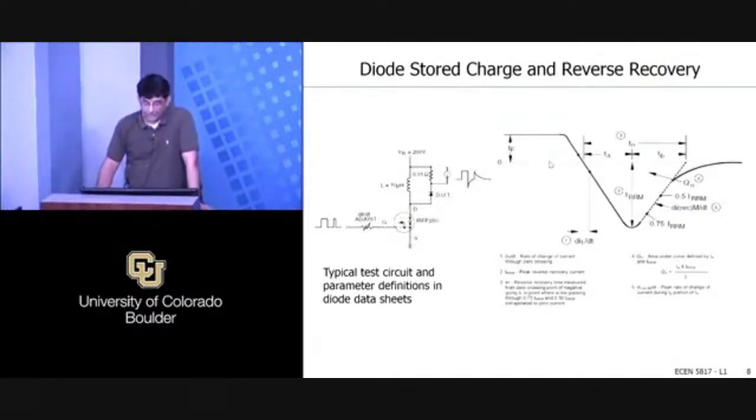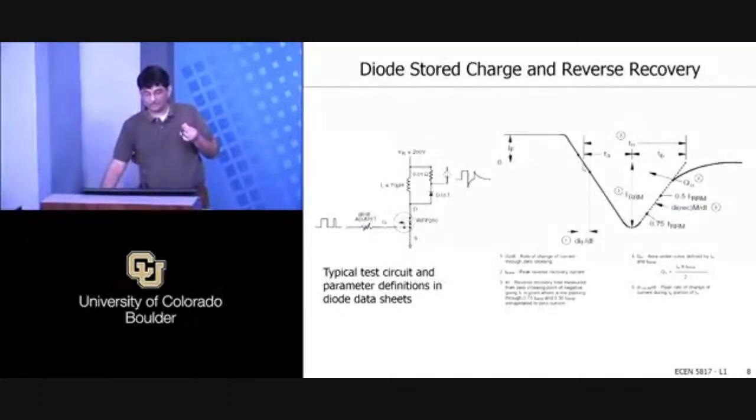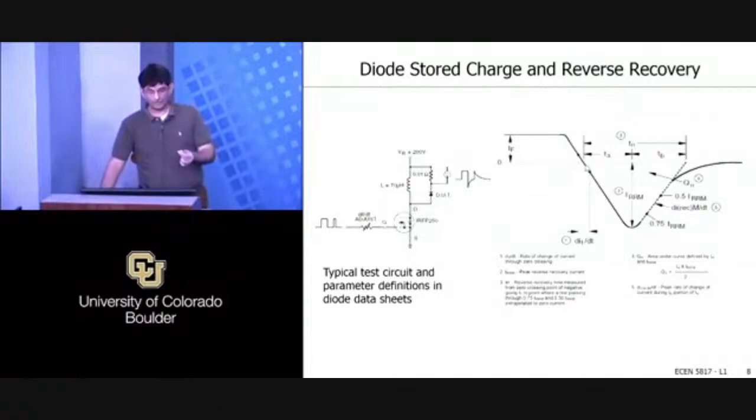So what you will then see is that this was the current through the diode in the beginning, and then the current will decrease because the current is now being picked up by the MOSFET. But the current doesn't stop at 0, as we know, through the diode.